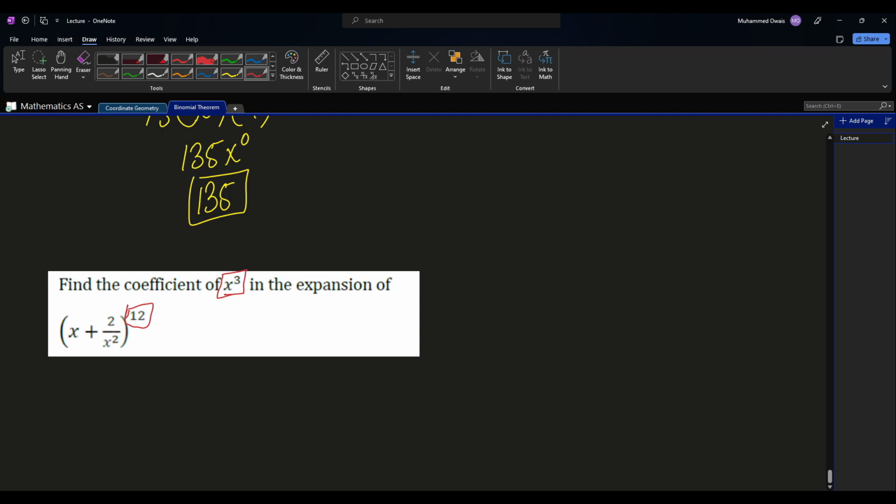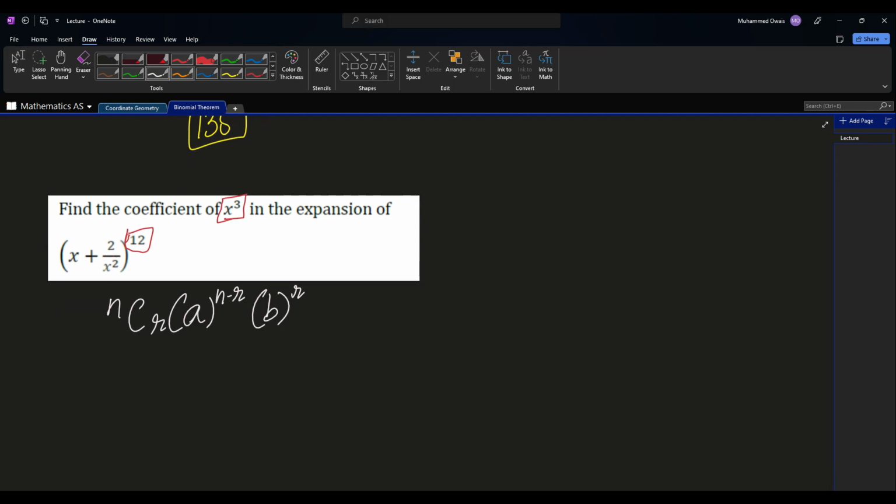So, once again, let me write the base binomial term, which is nCr into a to the power n minus r into b to the power r. Okay then. Now all we have to do is replace the n, the a, and the b.